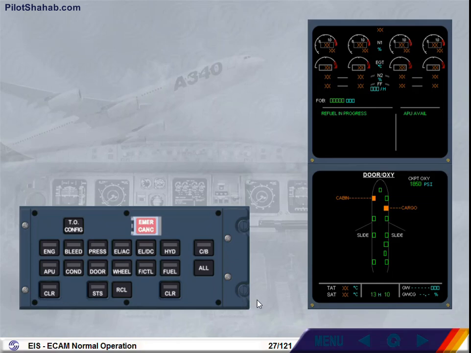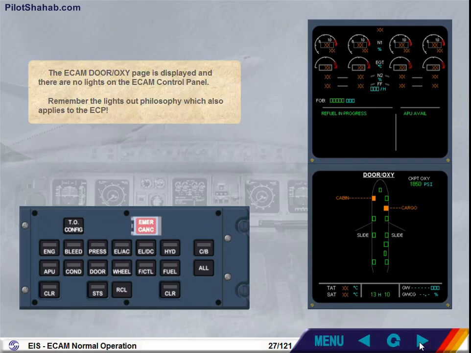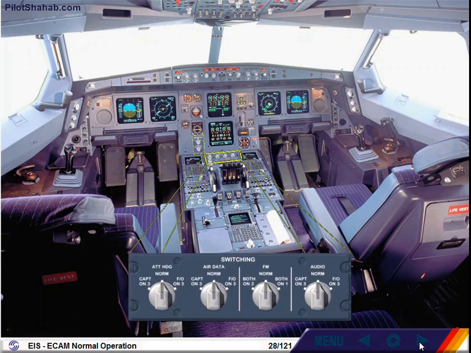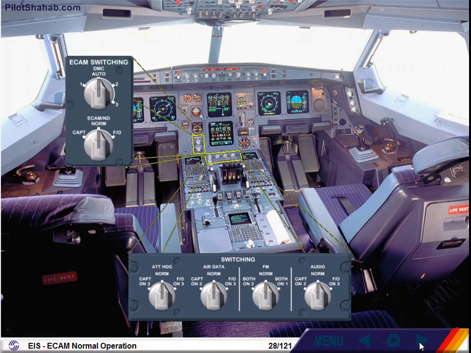The ECAM door oxygen page is displayed and there are no lights on the ECAM control panel. Remember the lights out philosophy, which also applies to the ECAM control panel. The switching panels are checked to confirm that all the switches are in their normal position.